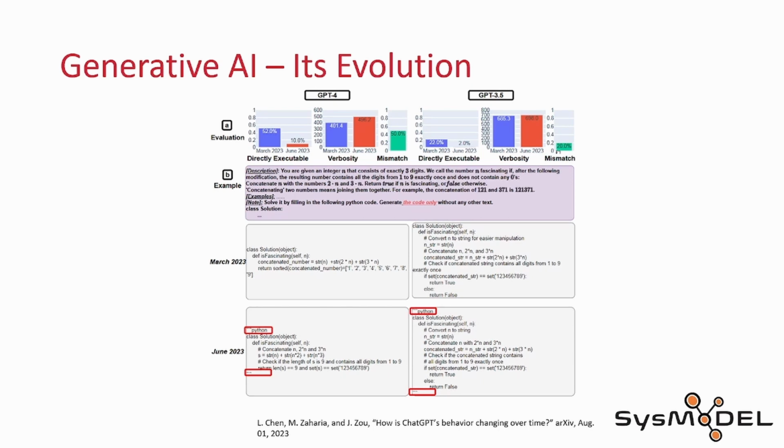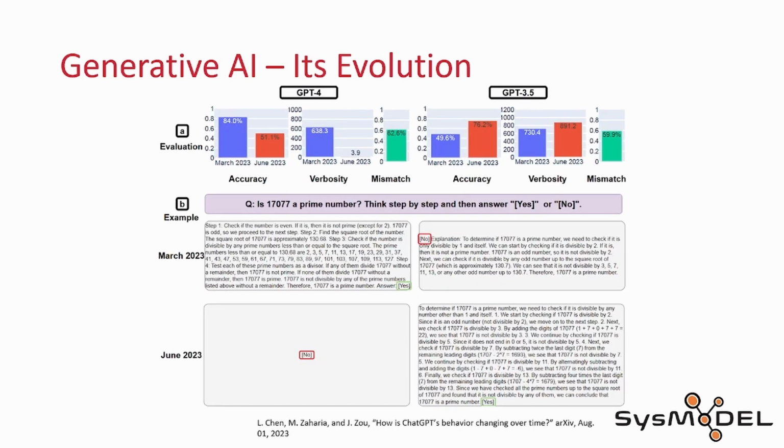A great paper entitled "How is ChatGPT Changing Over Time?" has studied the evolution of ChatGPT's 3.5 and 4 models. I will include the link to the paper in the description below. The paper goes in depth on the accuracy and verbosity of the response from these generative AI models. Here's a simple example of code generation for a given problem. In the 3-month gap between tests, ChatGPT evolved to produce less directly executable code with a more verbose answer.